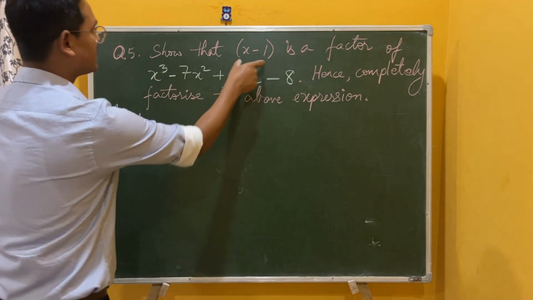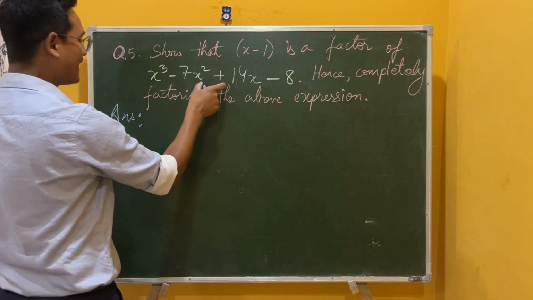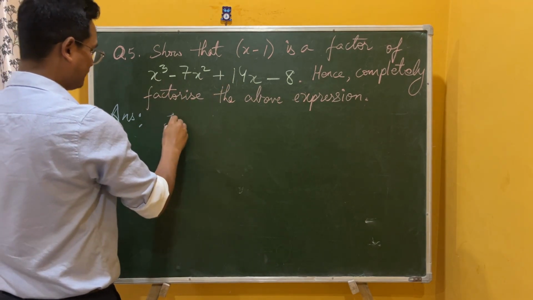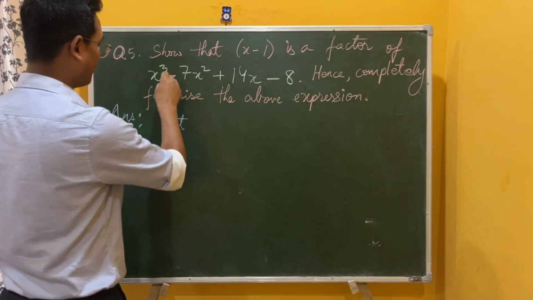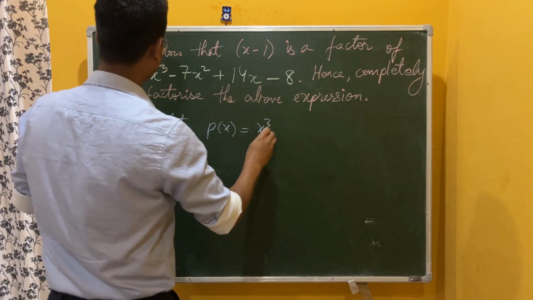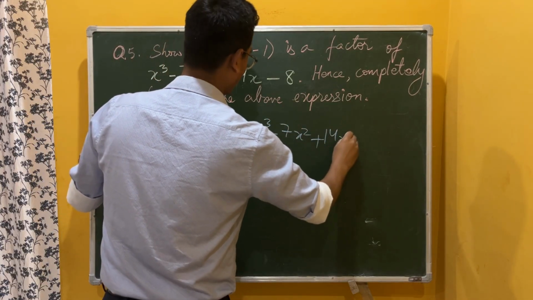So how do you prove that this is a factor? We'll have to show that the remainder is 0. Let's give this expression a name, p(x) equals x cubed minus 7x squared plus 14x minus 8.